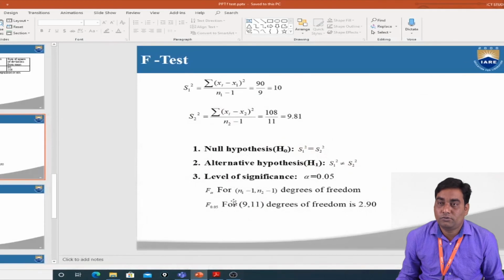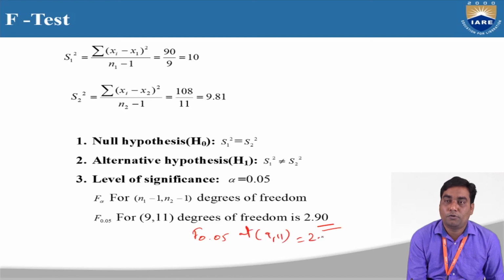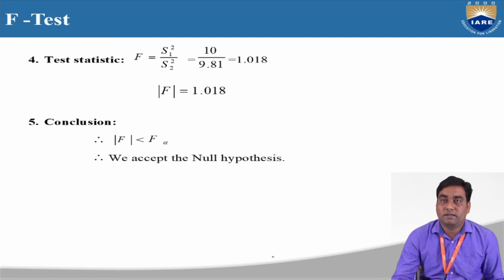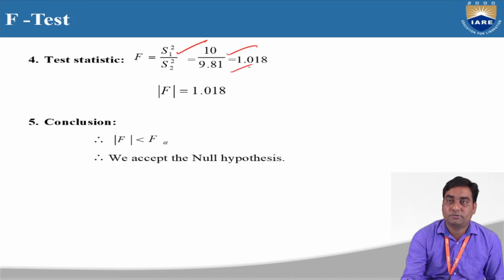That value we have chosen here: F 0.05 at 9, 11 degrees of freedom is 2.90 from the F distribution table. Now the test statistic is S1 square by S2 square, because S1 square is greater than S2 square.